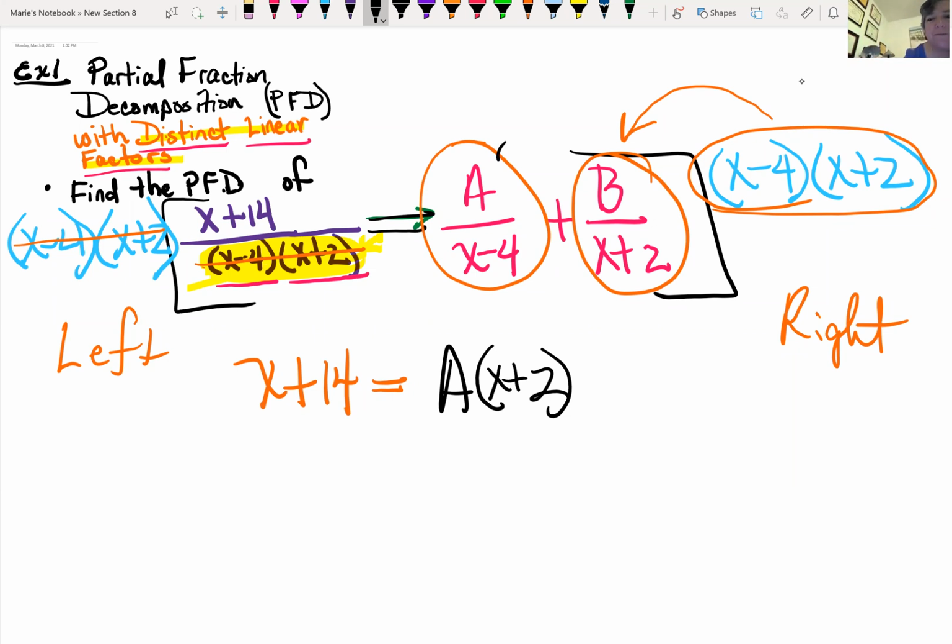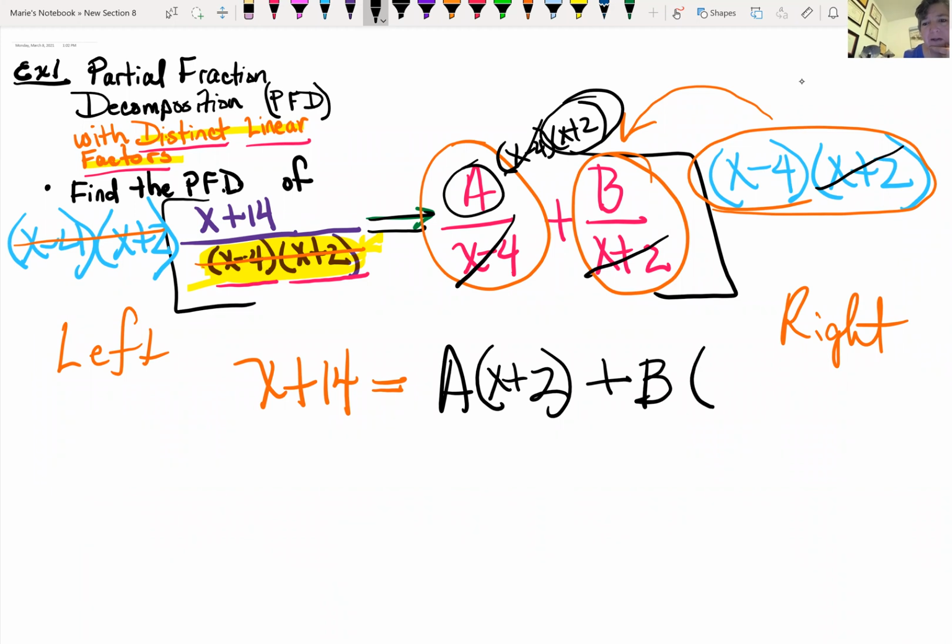So in other words, if I'm multiplying this by x minus 4 times x plus 2, the x minus 4s will cancel, leaving you A and x plus 2. Plus, and now in this case, since I already have it right there, you'll see the x plus 2s will cancel, and you're left with B times x minus 4.